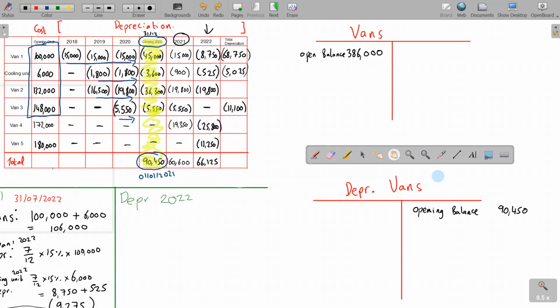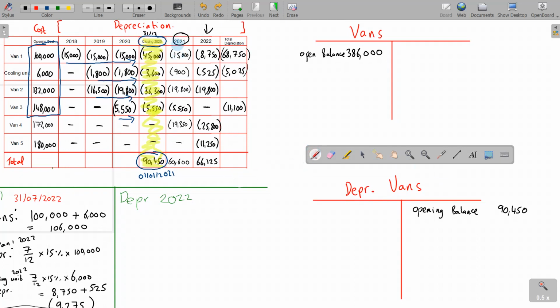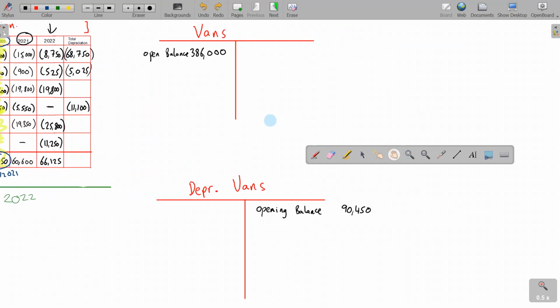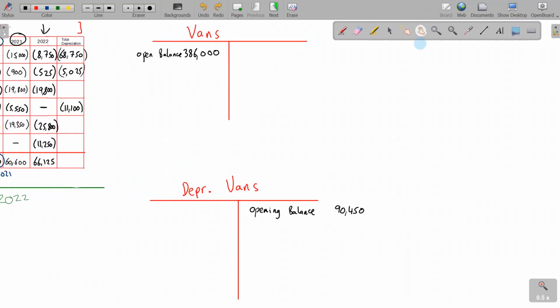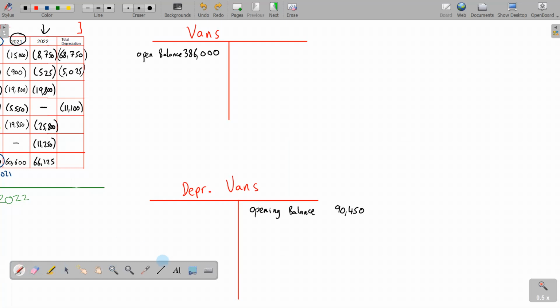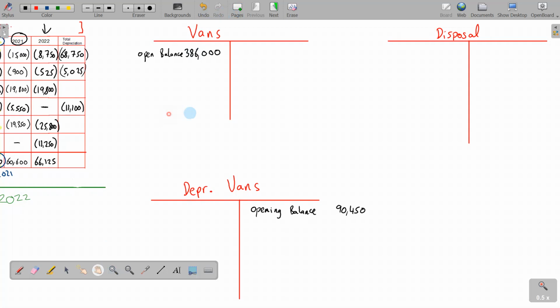So what did we have throughout the year? So we said that depreciation then was like, so what happened? We now need to introduce our disposal account now. So if we're talking about a disposal account, we've already gone through the adjustments, so we'll just go over here.